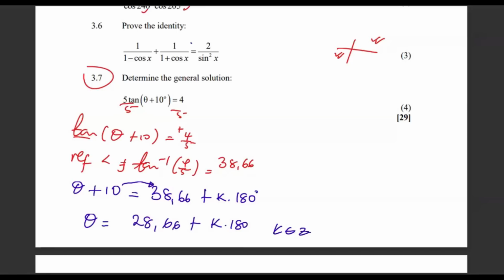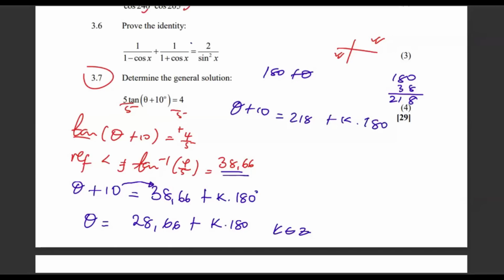So this is just the first solution. Then in the third quadrant, the angle format is 180 plus. So 180 plus the 38, we're going to get 218. So theta plus 10 must give us 218 plus k times 180.